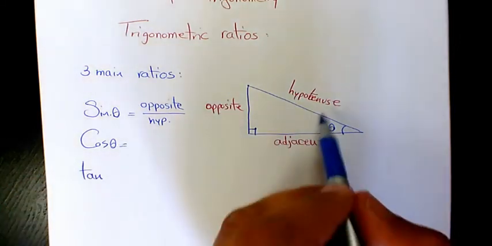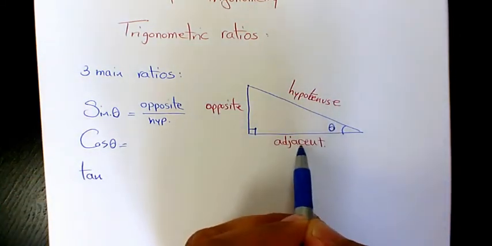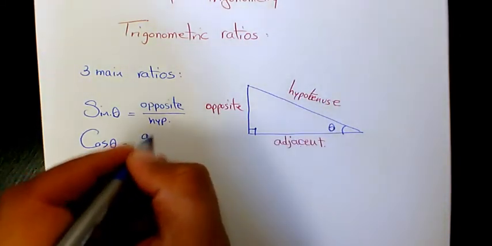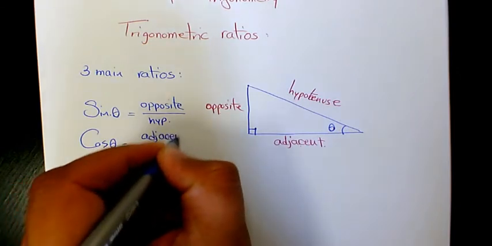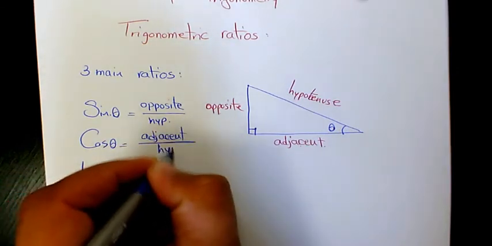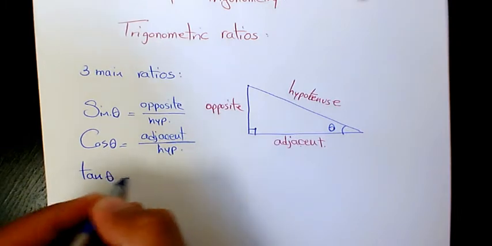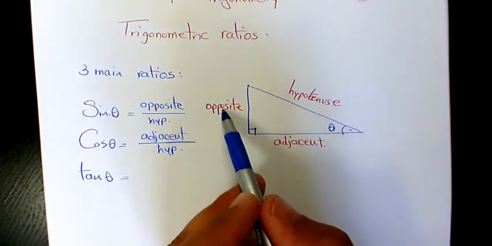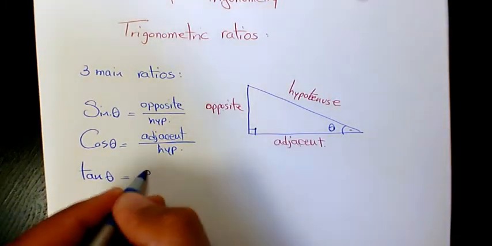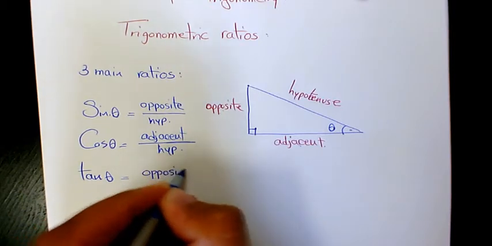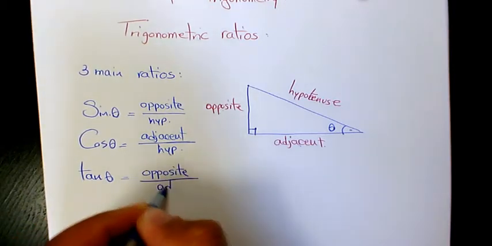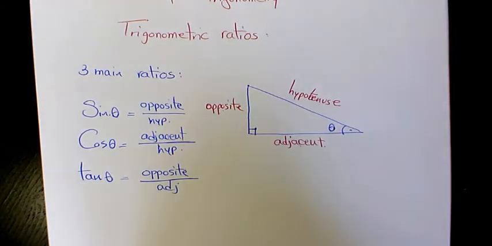Cosine is going to be adjacent over hypotenuse. And tan is going to be opposite divided by adjacent. So that's how we define sine, cosine, and tan.